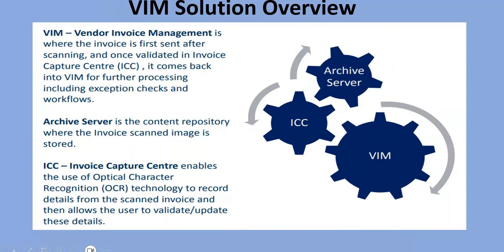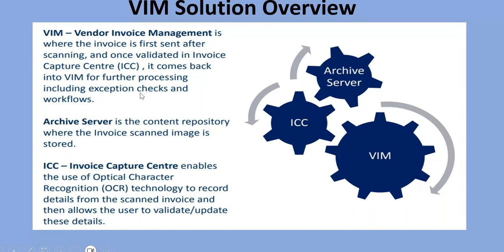So we have seen the VIM basic overview, and now we will try to understand what is VIM and what is archive server and ICC. As I already told you, this is one more slide explaining it.